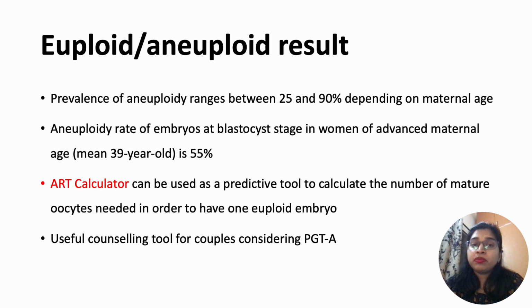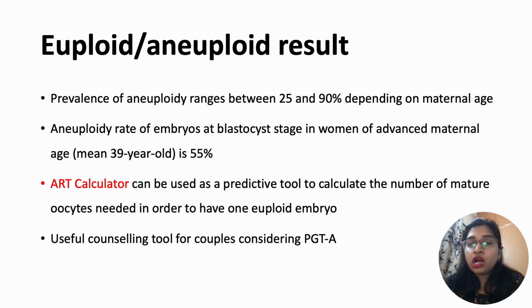Aneuploidy rate of embryos at blastocyst stage in women of advanced maternal age, mean 39 years old, is around 55%. There are ART calculators that can be used to predict the number of mature oocytes needed to have one euploid embryo, and these ART calculators are very helpful in your practice to counsel the patient.